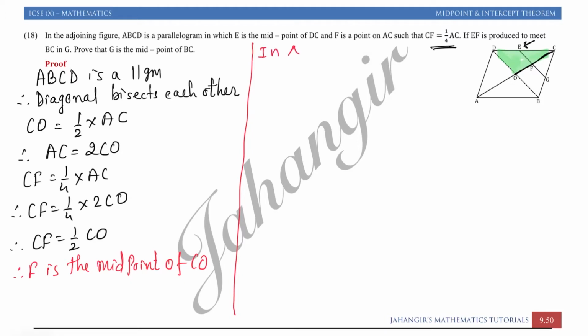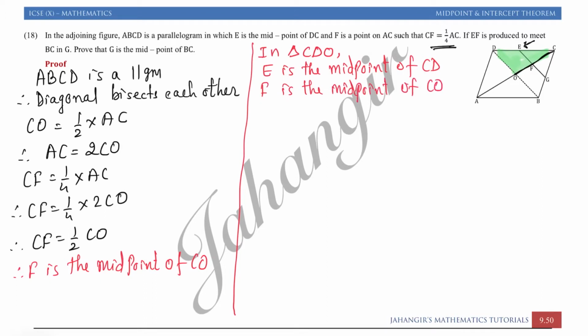In triangle CDO, E is the midpoint of CD. F is the midpoint of CO. So therefore by midpoint theorem we can say EF is parallel to DO.